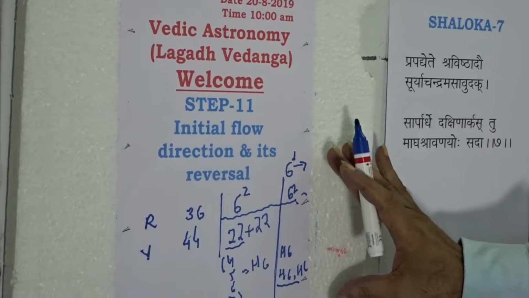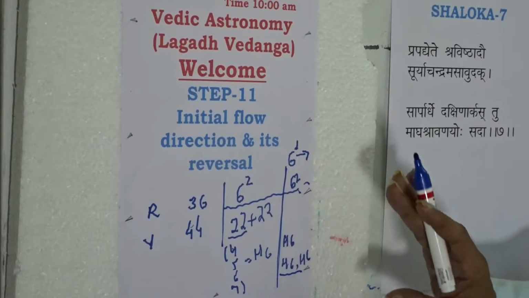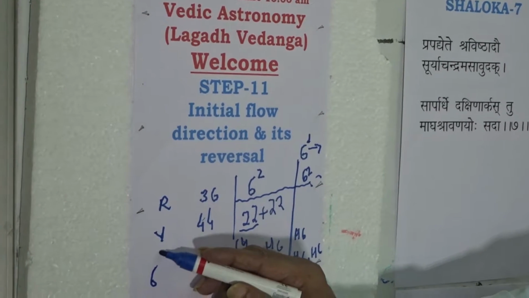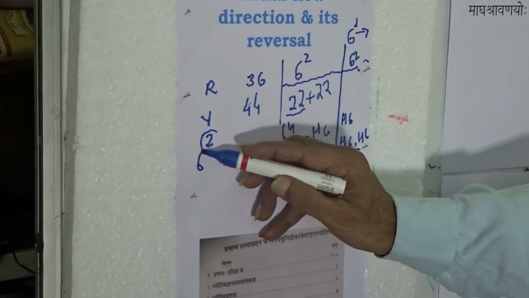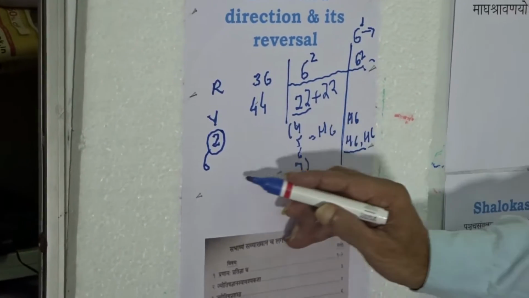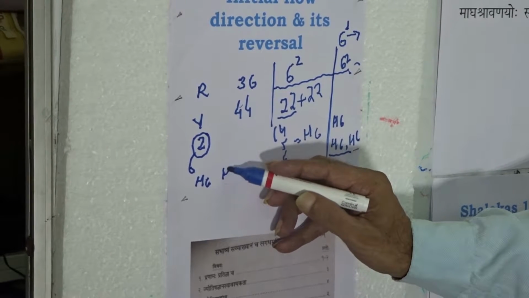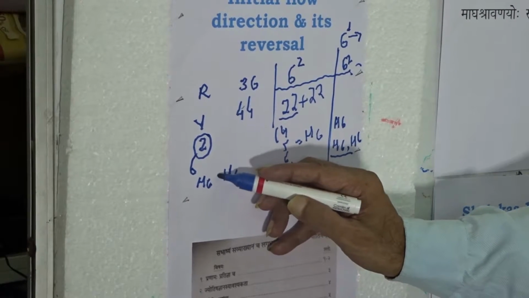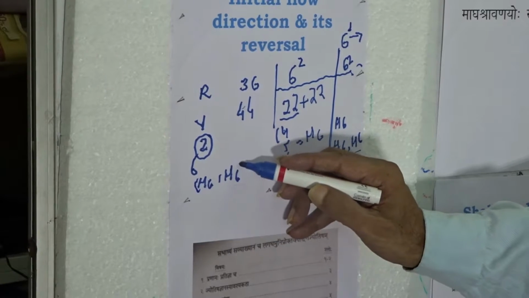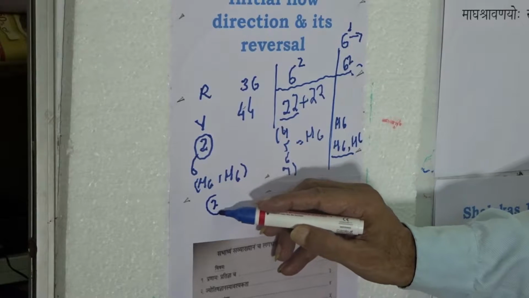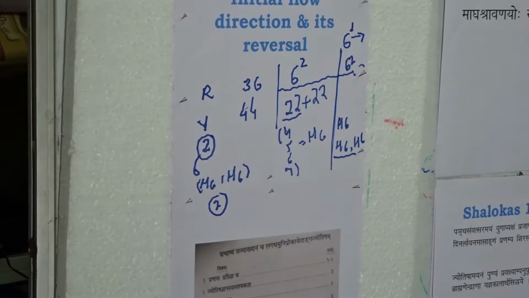From these features, one fact which prominently comes to focus is: here is a 6 square, a value 2, a spatial order, and here it is H6 and H6, a pair of formats. Therefore, in both cases, value 2 is in prominent play.